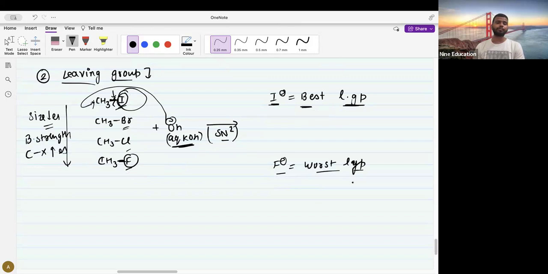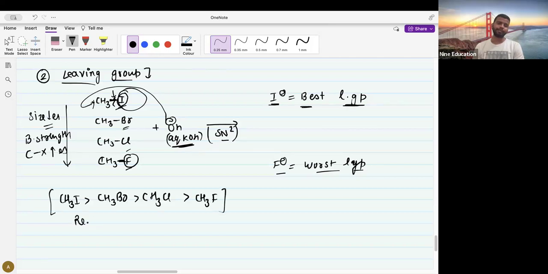So out of all the 4, which one will react fast? CH3I will react fast, then CH3Br, then CH3Cl, and the last will be CH3F. This is about the reactivity. Done?